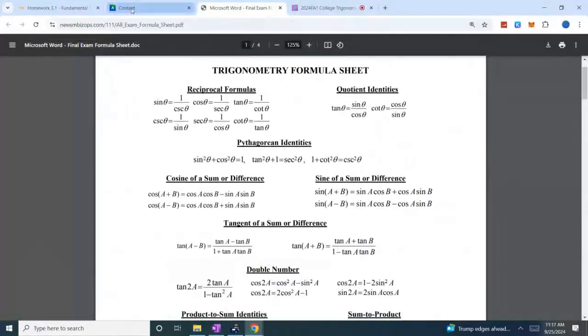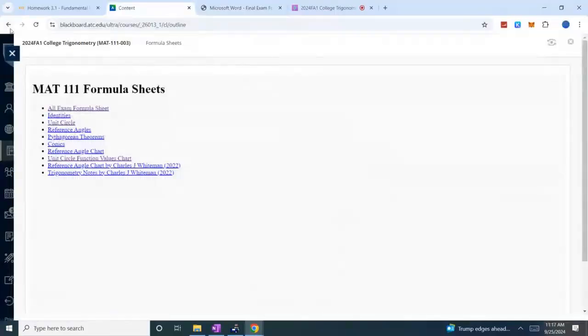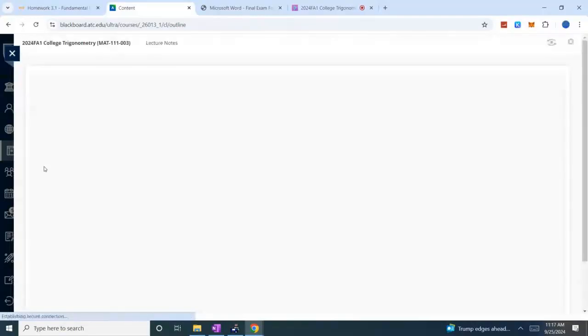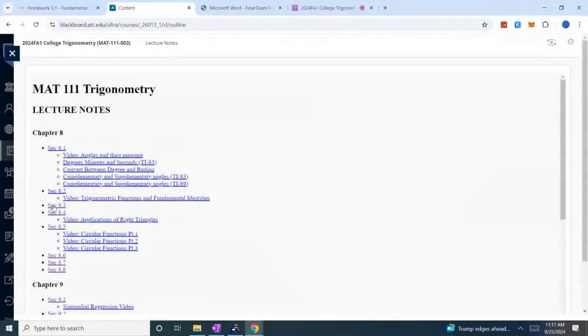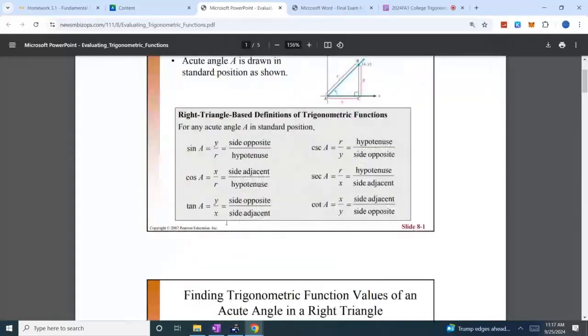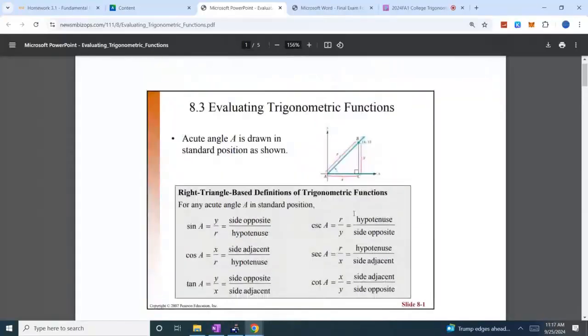All right, so I'm going to go back into the lecture notes really quick. And I believe this was in 8.3. Right, we talked about sketching out a triangle or an angle in the rectangular coordinate system.